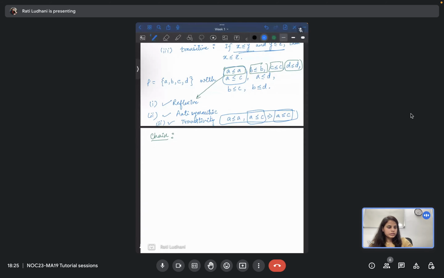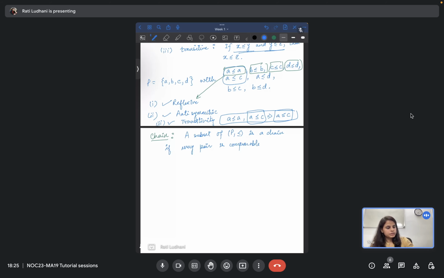So a subset of poset P with the same relation is a chain if every pair is comparable.